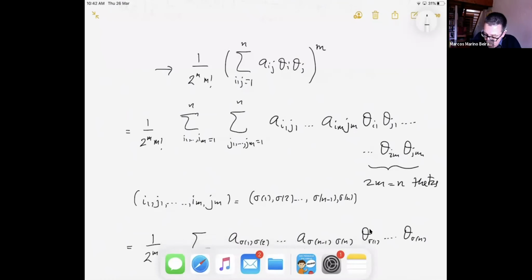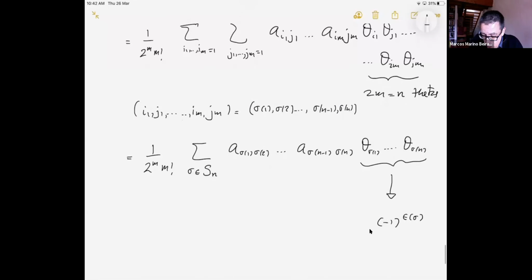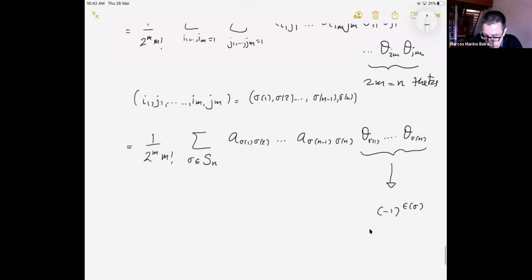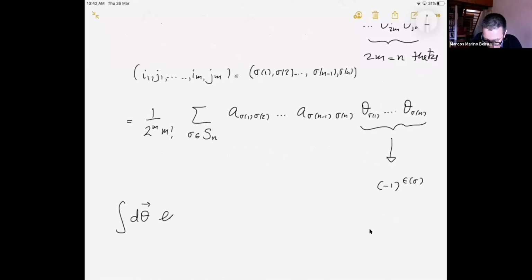And then we will have to integrate this thing, but we know what the integral of this is. The Berezin integral of this is minus 1 to the epsilon of sigma, where epsilon of sigma is the signature of the permutation sigma.